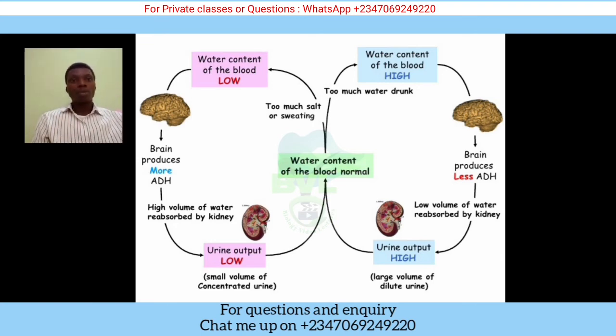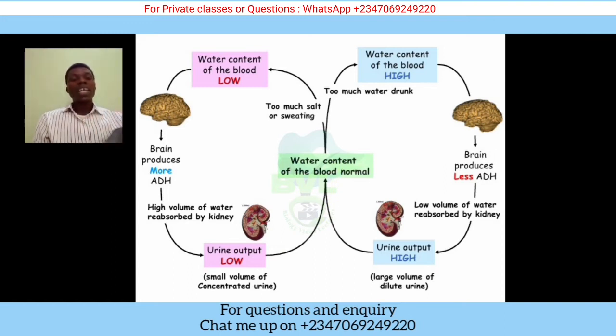When that happens, it will send a signal to the brain to secrete anti-diuretic hormone from the posterior pituitary gland. That will increase the volume of water reabsorbed within the nephron of the kidney. When that happens, there will be low urine removed because we have reabsorbed more water from the nephron. Then the water restored to the blood will be normal. All right, hope that is clear.